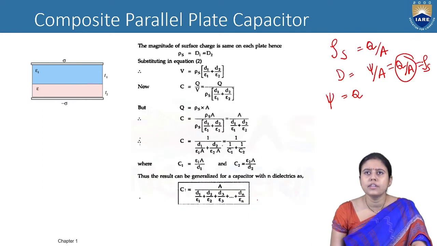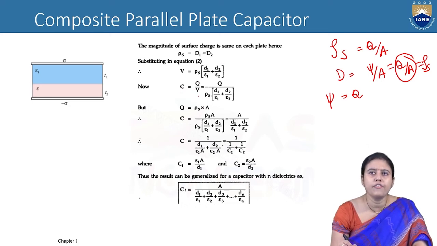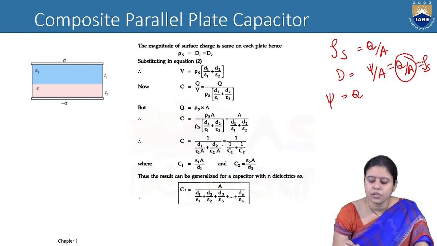We are using this formula here. So what is capacitance? Q by V. Q we know, V value we know. So if we put the value, what is the result? What is Q? Q is rho S into A.